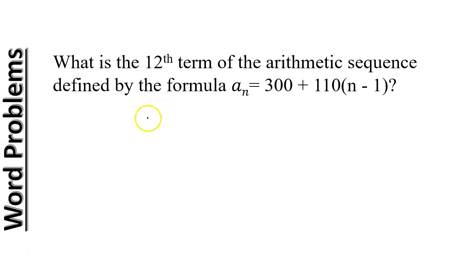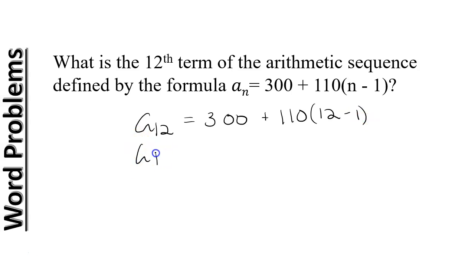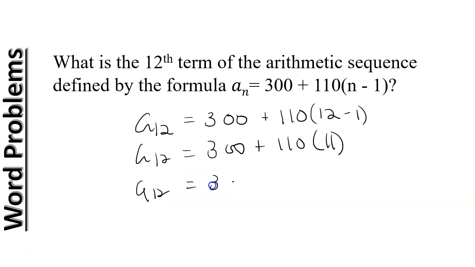So we're going to have a sub 12 equals 300, which would have been my first term, plus a common difference of 110 times n, 12, the term I'm trying to find, minus 1. So a sub 12 equals 300 plus 110 times 11. And then we're just going to multiply.